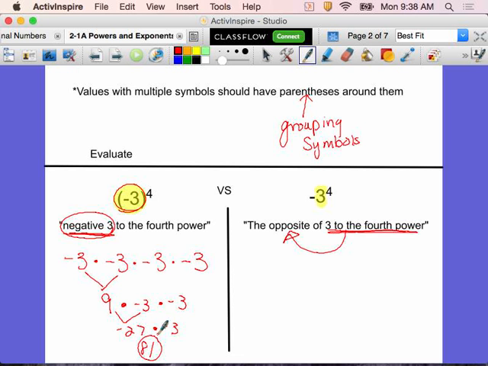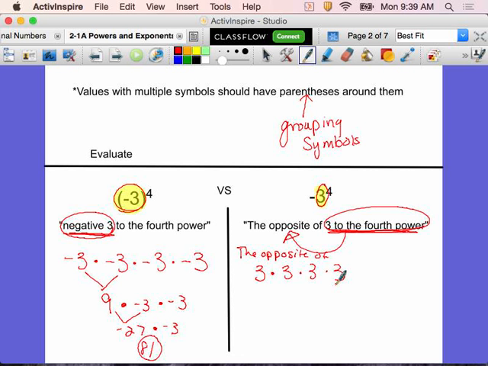Okay, so now over here, we want the opposite of 3 to the 4th power. That means we need to do 3 to the 4th power. This base, that's your base there, so we need to repeat the base. 3, so we want the opposite of 3 times 3 times 3 times 3.